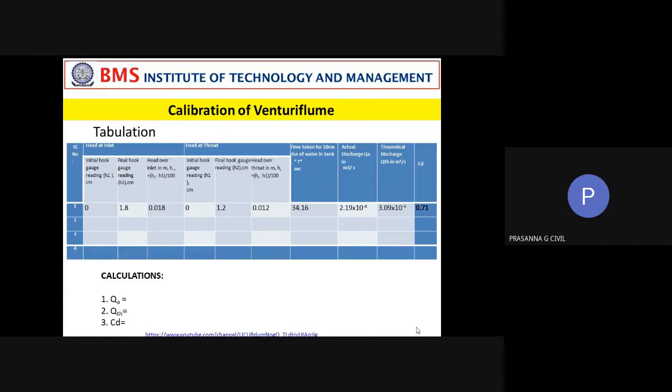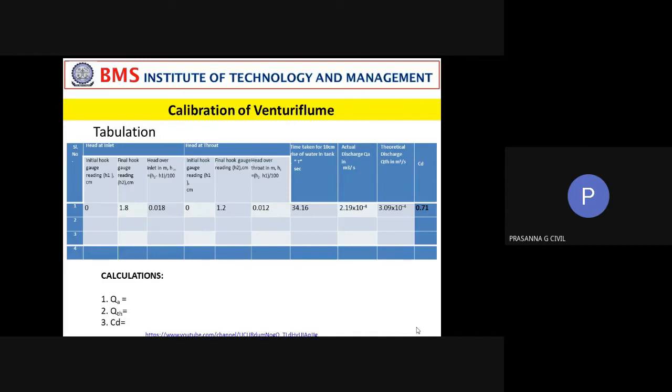0.018. Similarly, for the head at throat, the initial head is fixed at 0. The final head at throat for a given discharge is recorded as 1.2, and the head over the throat in meters is 0.012.